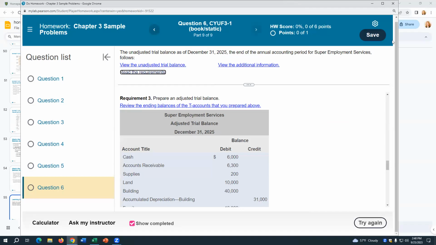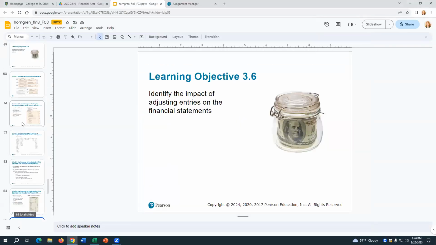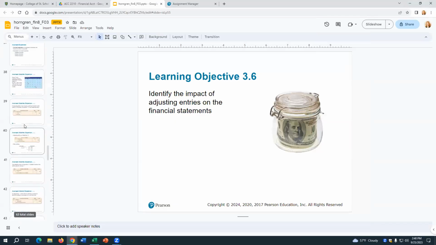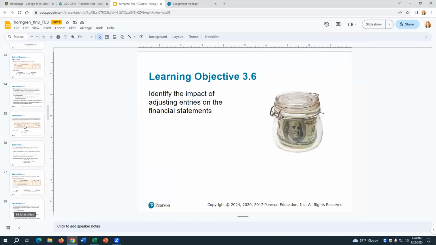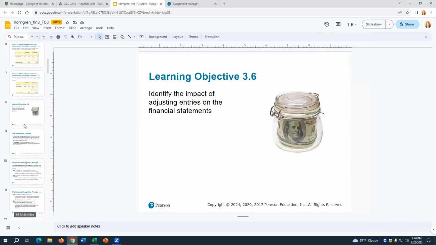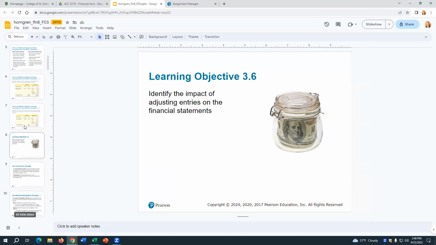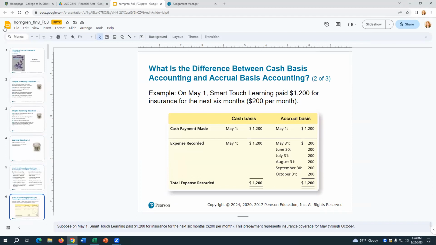So let me go back out to the slides here to show you an example worksheet. I can find this here. Where am I? No, okay. I'm sure there was one in here.